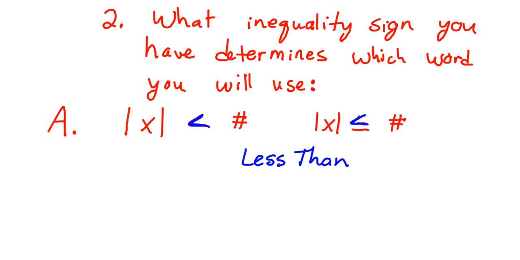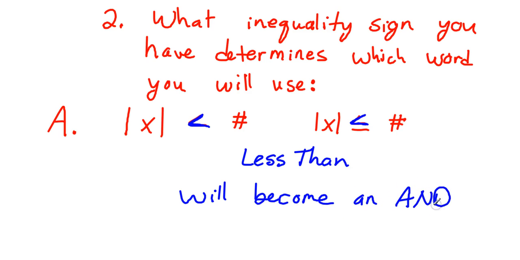So if you've got an absolute value of x and it's less than some number, this is going to force it to be an and statement.